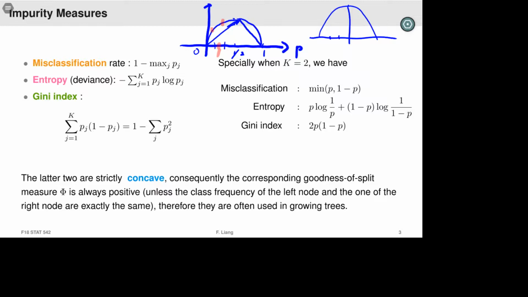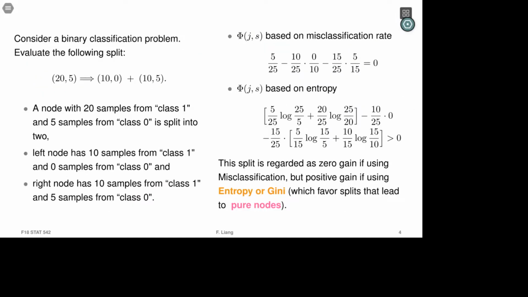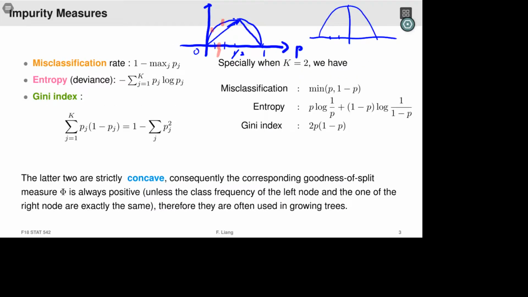Okay, so just to summarize, there are different types of impurity measures: misclassification rate, entropy, and Gini index. When you're trying to build a tree, it's always recommended to use entropy or Gini, because those metrics tend to favor pure nodes.